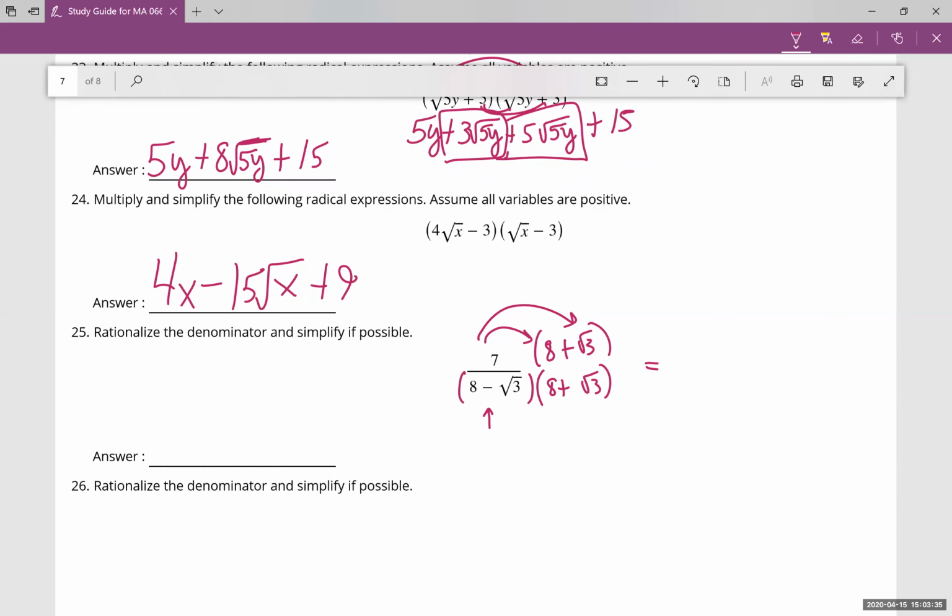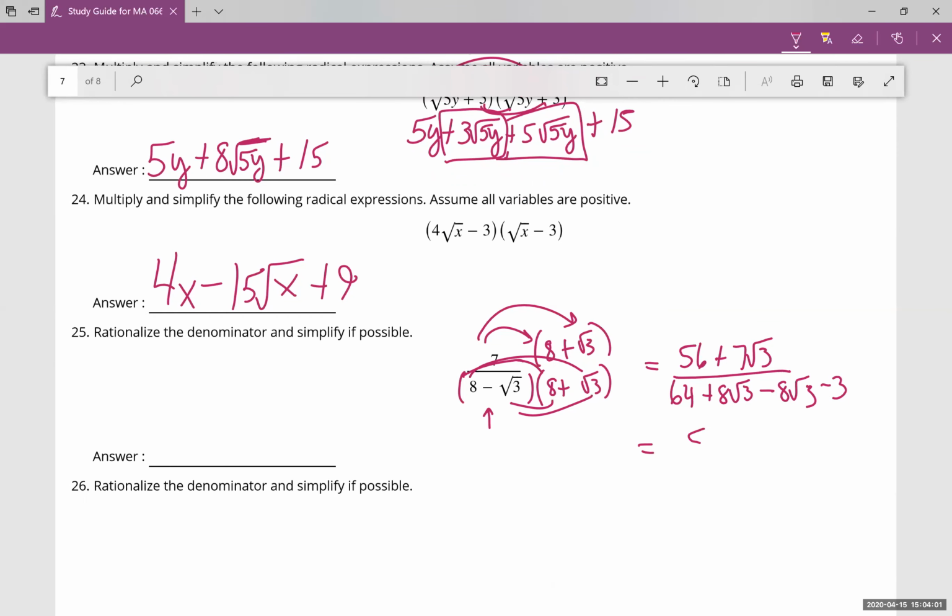Okay, so now we have 56 plus 7 square root 3. And on the bottom here, I have 64 plus 8 square root 3 minus 8 square root 3, and then minus 3.